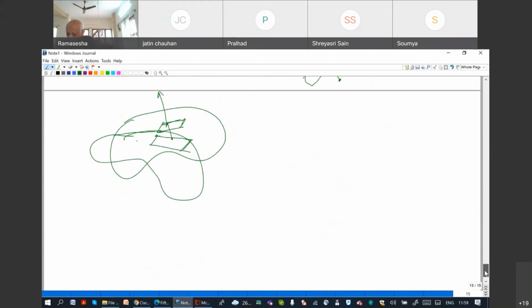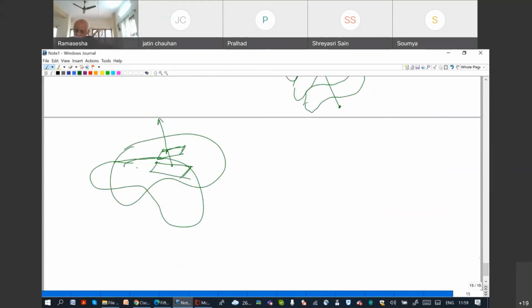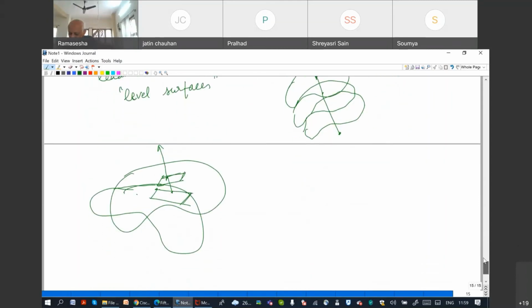If the surfaces are not level, then grad f will not be perpendicular to the surfaces that you have. Because in one case, it will intersect at this point, and in another case, it will intersect at a different point.